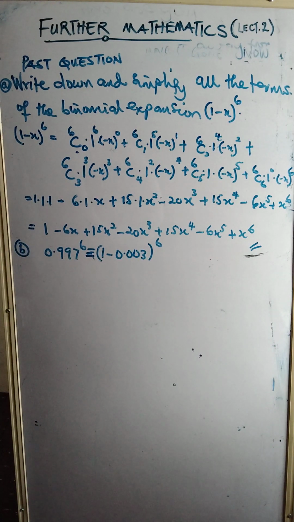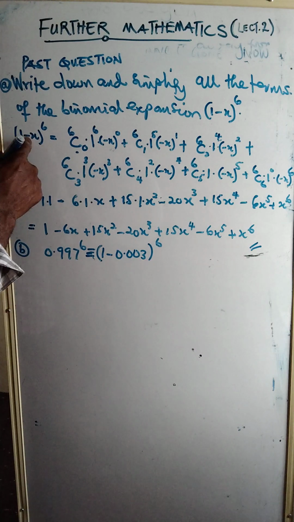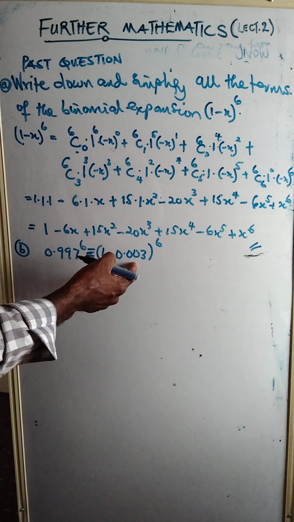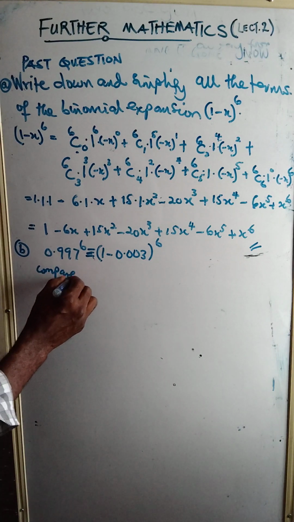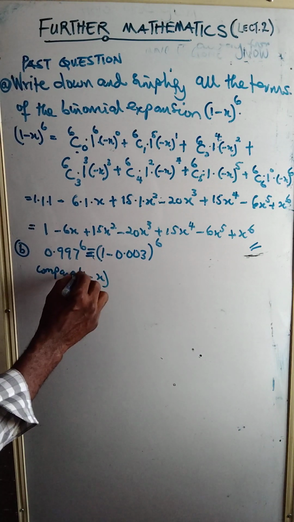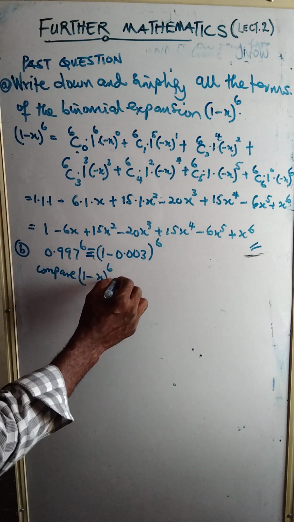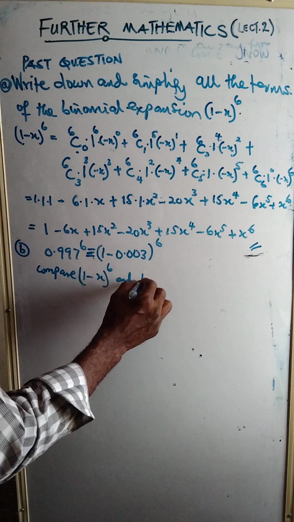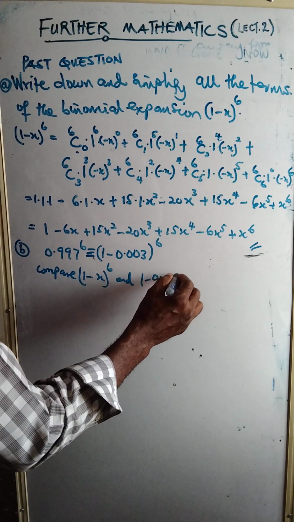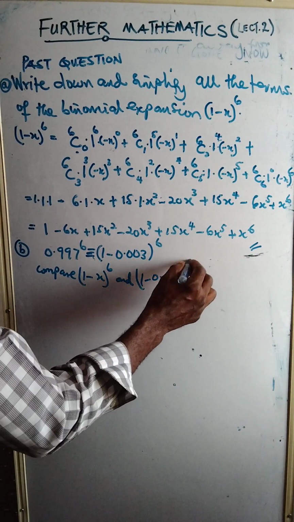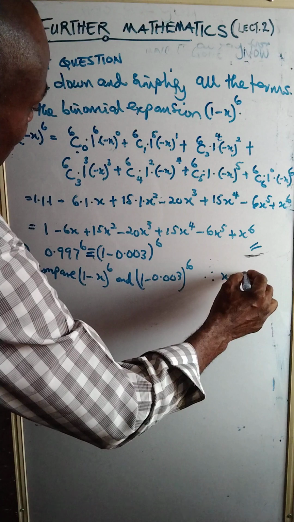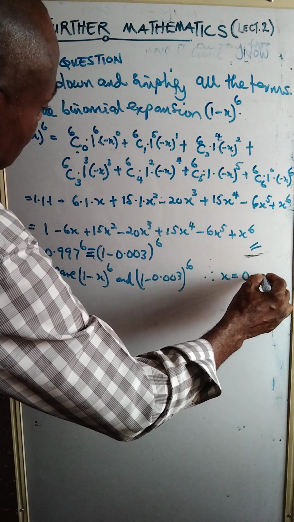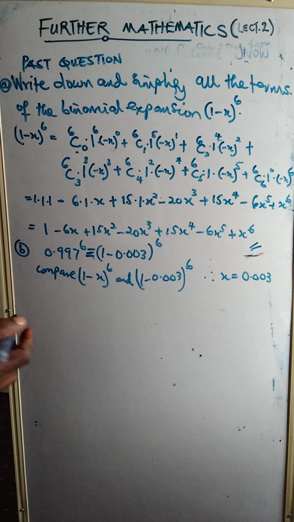So if you compare this expression, 1 minus x raised to power 6, and 1 minus 0.003, everything raised to power 6, we can say that our x is equal to 0.003.